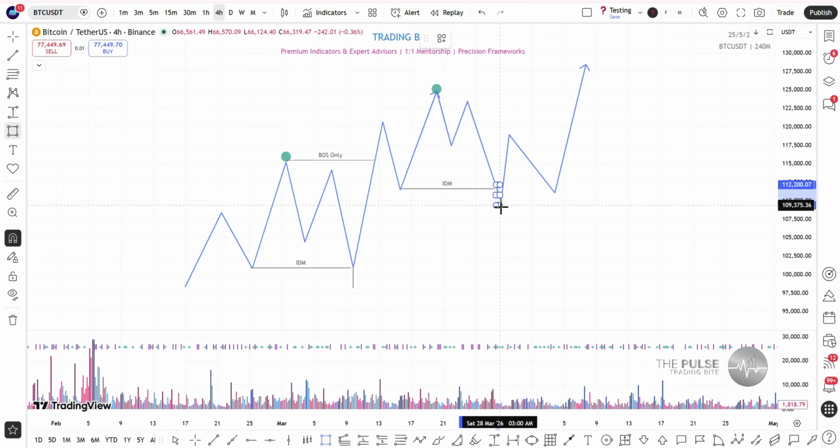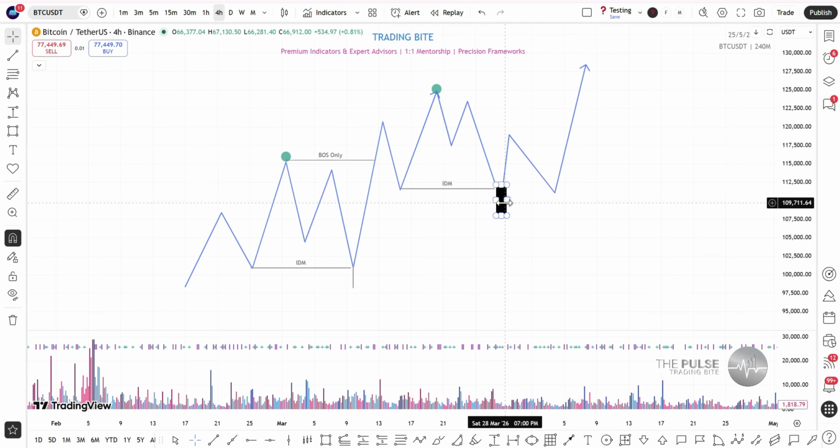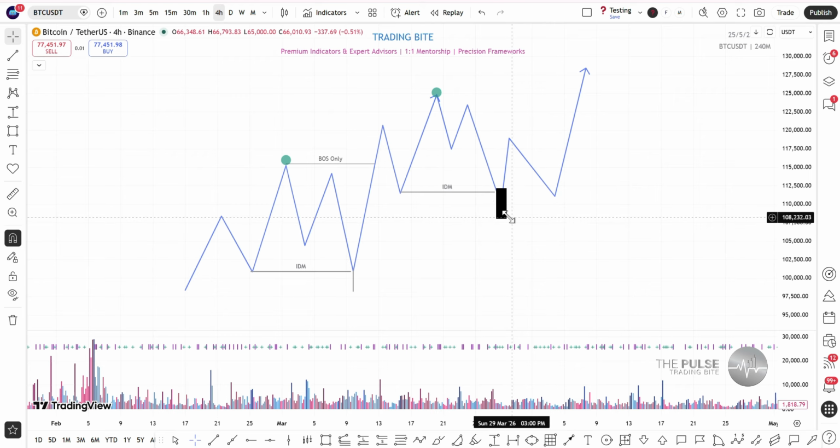Now we will just draw right here. I'm trying to draw a nice candle that looks a little bit realistic.